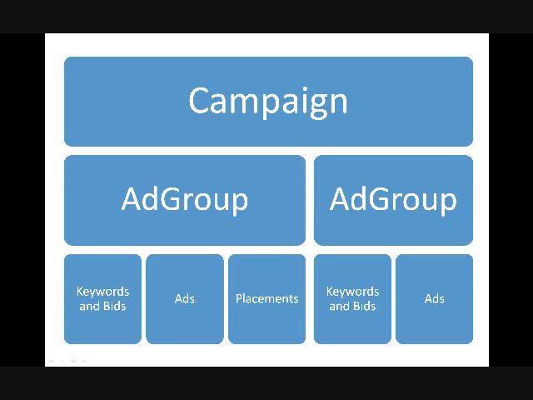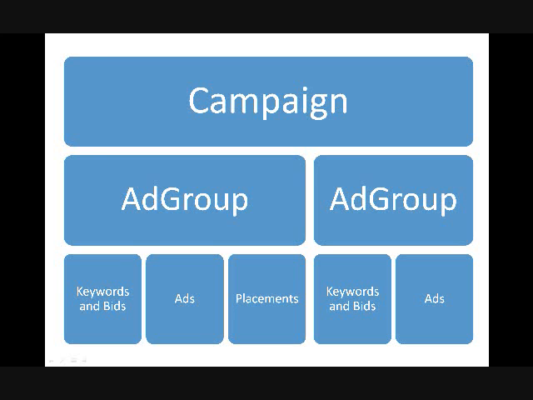Okay. The organization. So how are the pay-per-click accounts organized? This is a very high level, very simplified perspective on it. But at the highest level within a pay-per-click account, you can create what are called campaigns. Okay.